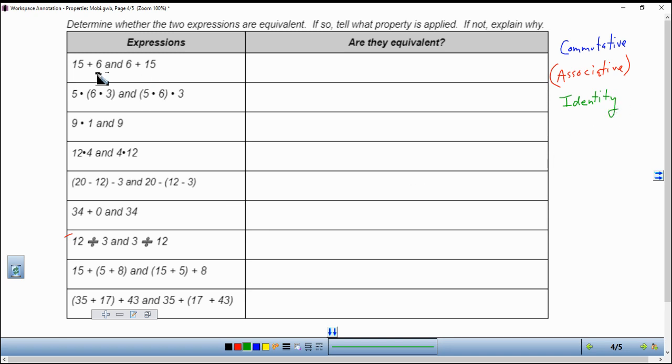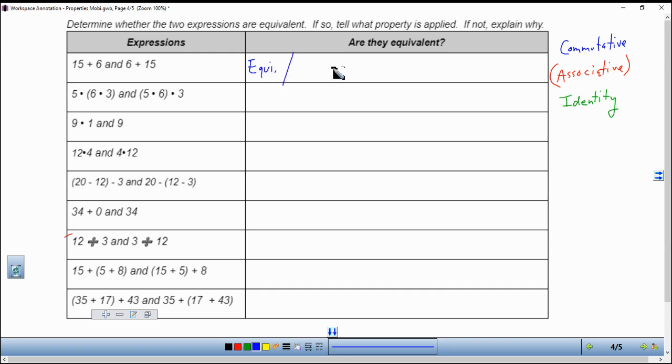All right, so what we're going to do is we're given two expressions. We're going to see if these two expressions are equivalent, whether they have the same value. So the first one is 15 plus 6 and 6 plus 15. Well, all that changed was the order of the numbers, and this is addition, so they are equivalent. I'm just going to abbreviate equivalent.